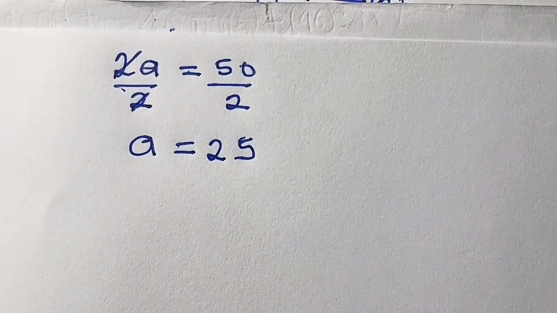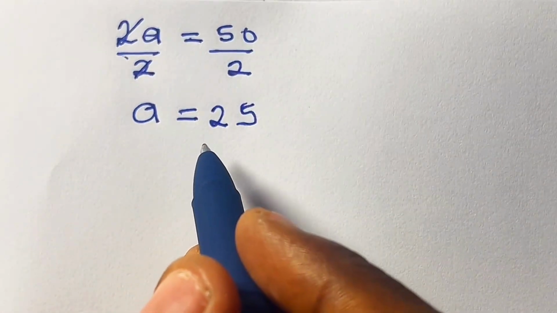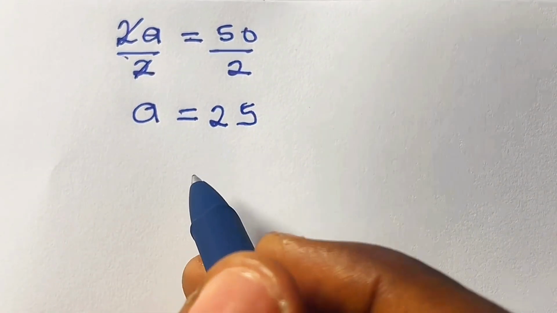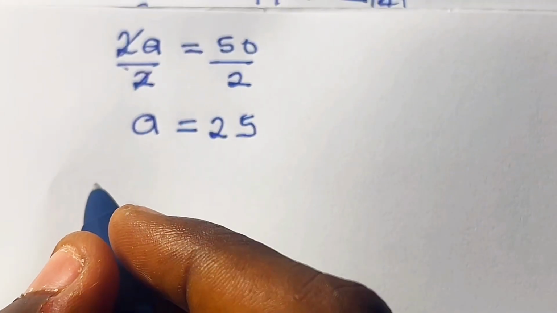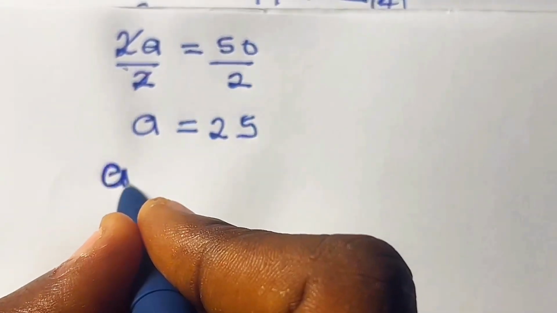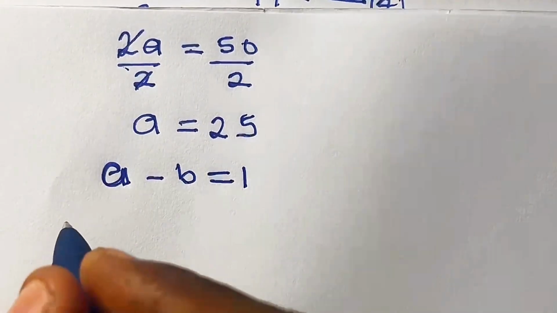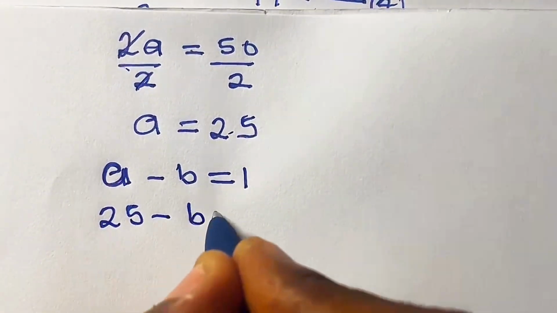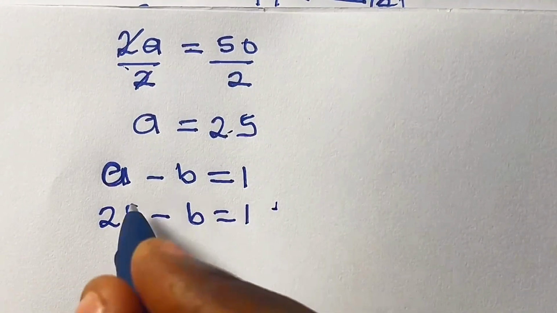Now we can easily substitute this a equals 25 into equation 3. a minus b equals 1. So our 25 minus b equals 1. To make b the subject of the formula, we transfer it here and transfer 1 here.